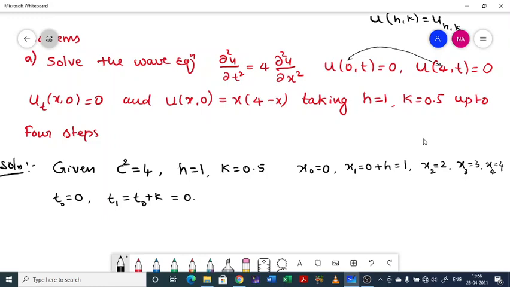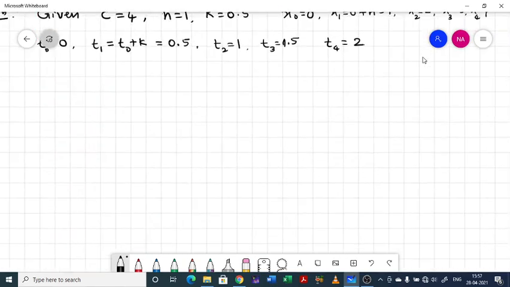So T1 is 0.5, T2 will be 1, T3 will be 1.5, T4 will be 2. So these are the values of x0, x1, x2, xn, T0, T1, T2, Tn.